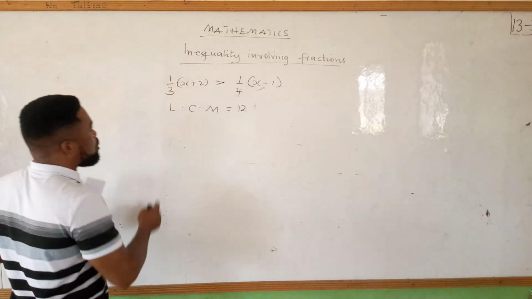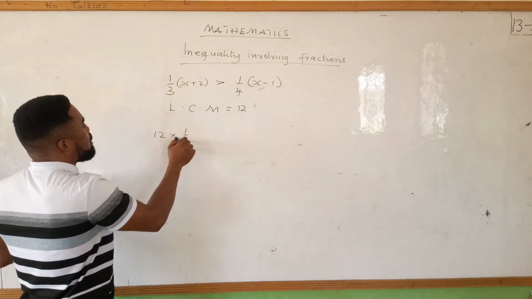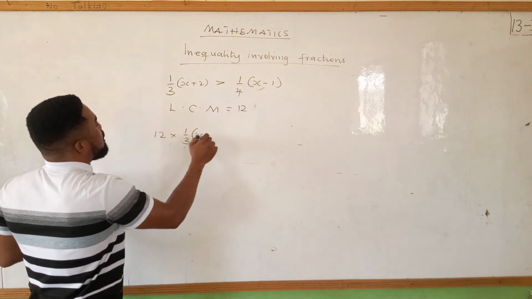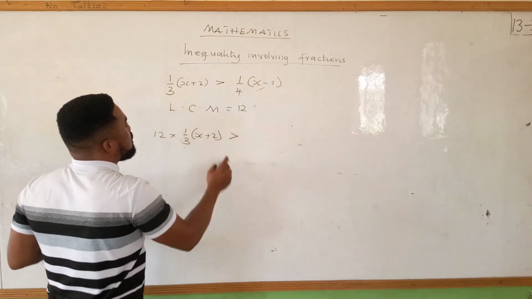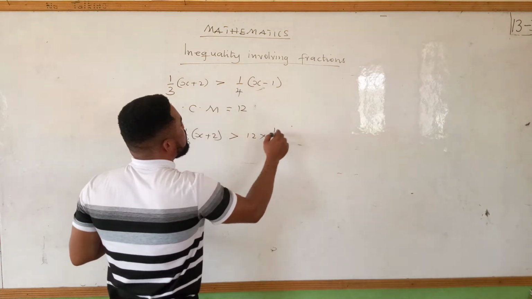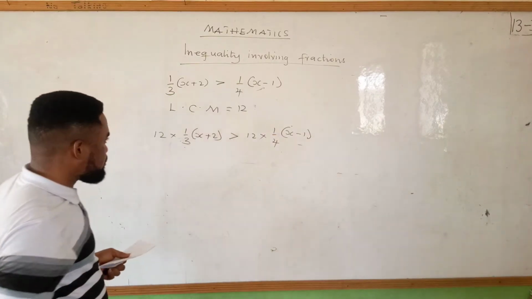So, we are going to have 12 times 1 over 3 bracket x plus 2 greater than 12 times 1 over 4 into bracket x minus 1. Okay.